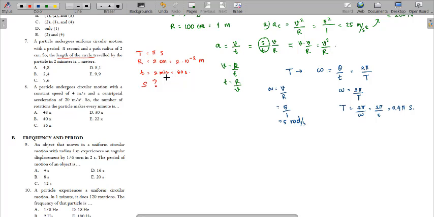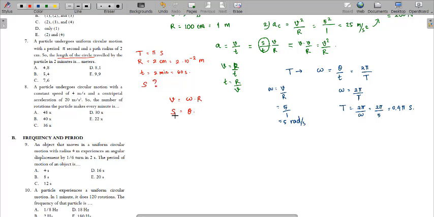How do you find this? If v, the linear speed, equals omega times r, the linear speed equals the angular speed times r, then you will also have s. This is like the connection between linear and rotational. v is familiar with s as the distance. For omega you have theta as the distance and r as well.